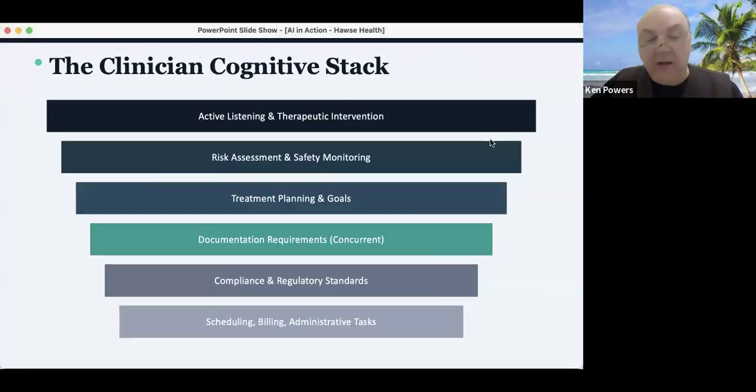If we go to the next slide, we see what we call the clinical cognitive stack: active listening and therapeutic intervention, risk assessment, safety monitoring, treatment planning and goals, documentation requirements, compliance and regulatory standards, scheduling, billing, and administrative tasks.